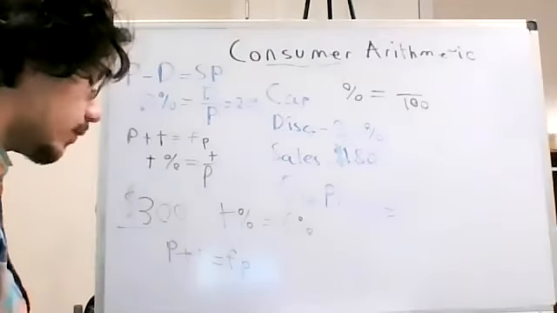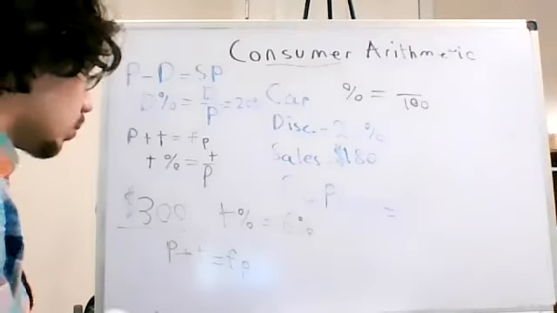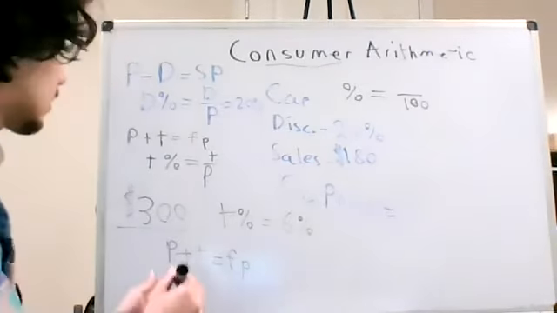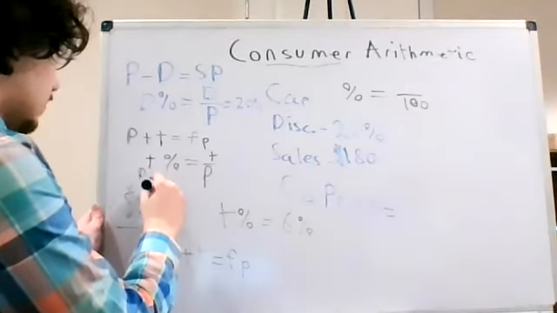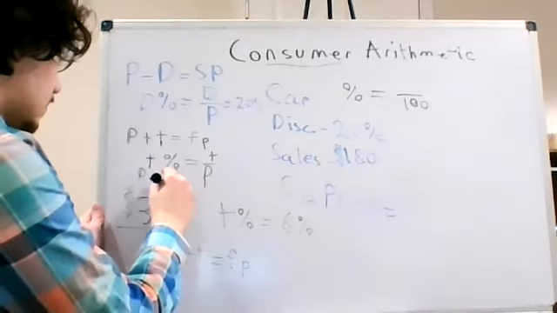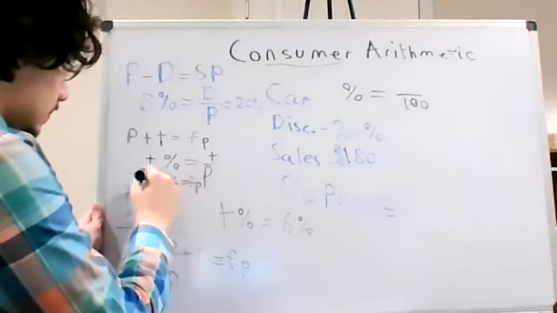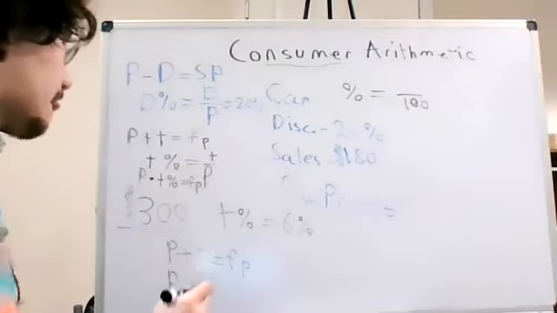Okay, if we want to use the percent, then we have to find what to multiply by the price. So price times the tax percent equals the final price.